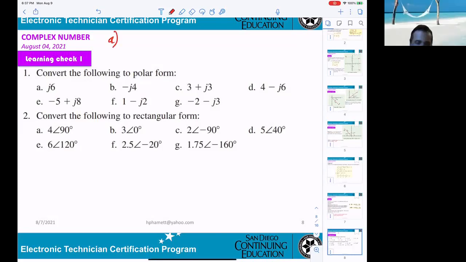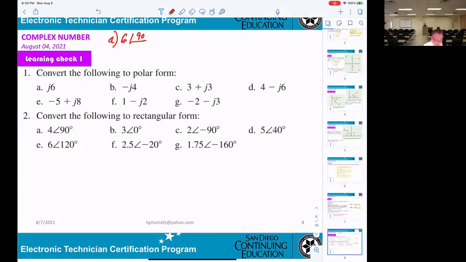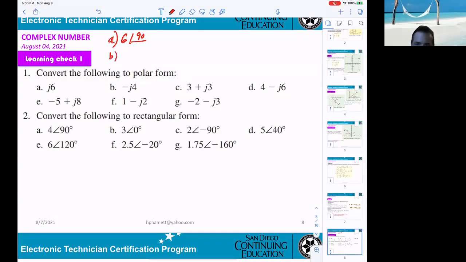Okay, polar will be 6 at 90 degrees. Oh, 90, that's right, 90 degrees, because it goes up. Then B is 4 at minus 90.